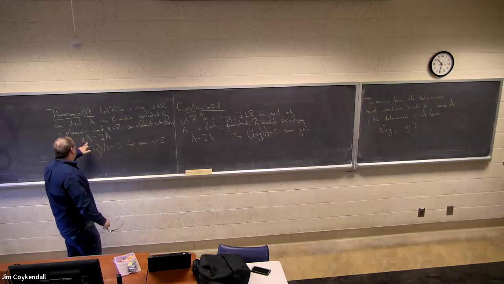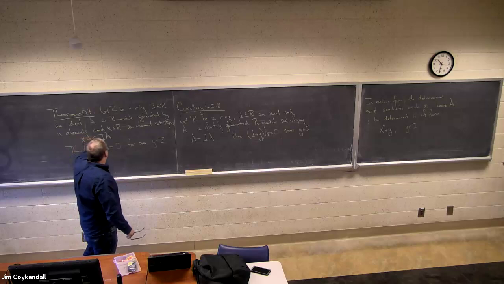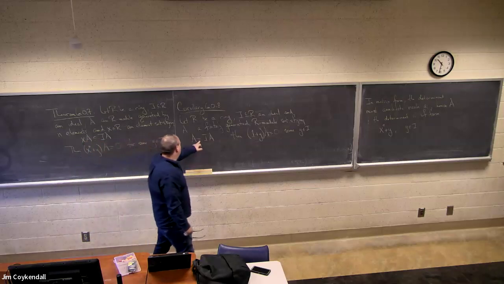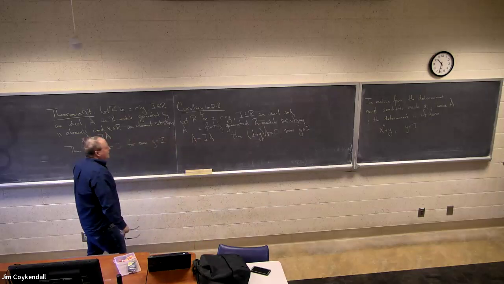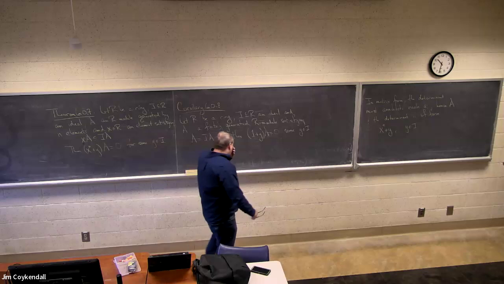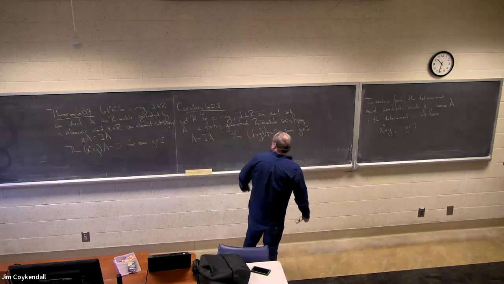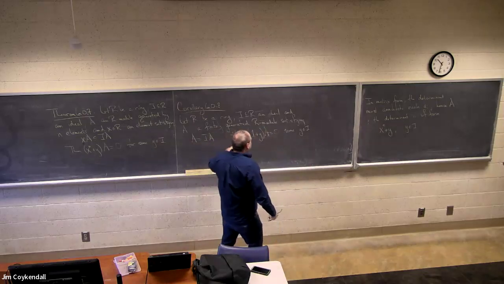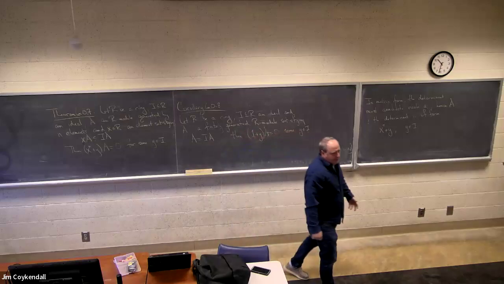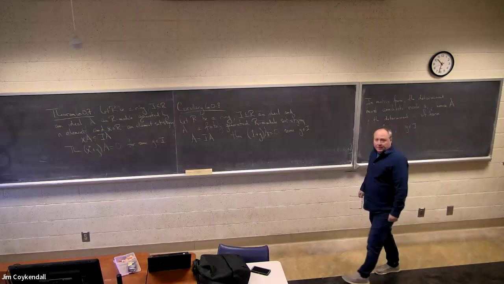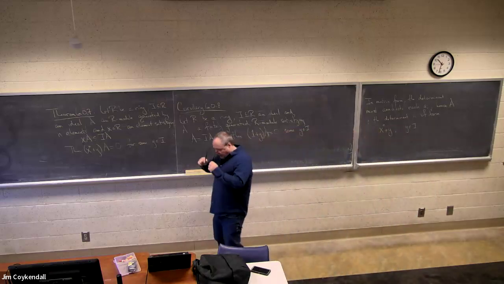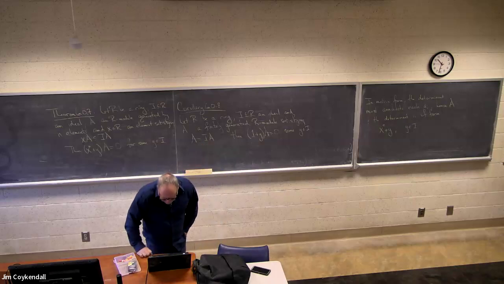Let me point out that if you take x equal 1, then this condition is A is contained in IA, and of course the other containment is always true. Now replace x by 1. So what this means is if A is equal to IA, then A is annihilated by something of the form 1 plus y, where y is in the ideal. So it's annihilated by something that's outside of the ideal in particular.